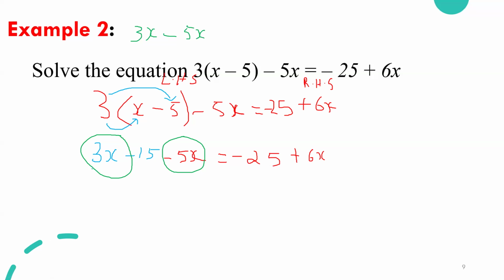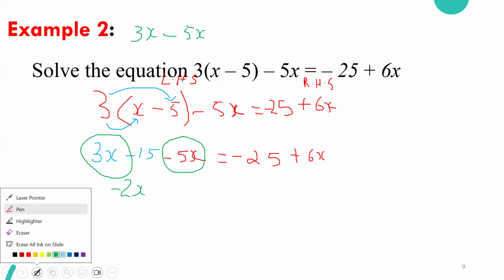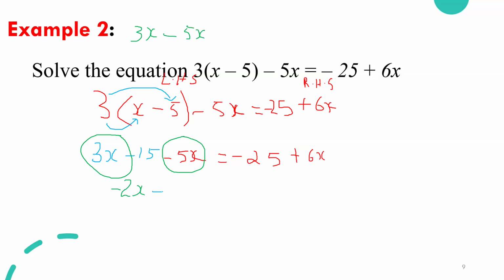So there we have it: 3x minus 5x is equal to negative 2x. Remember now, when you are subtracting or adding like terms, what you add or subtract is the coefficient and you keep the variable. So we're going to put back our minus 15 because it's a constant. Now, let us write back what we have on our right-hand side of the equal sign.